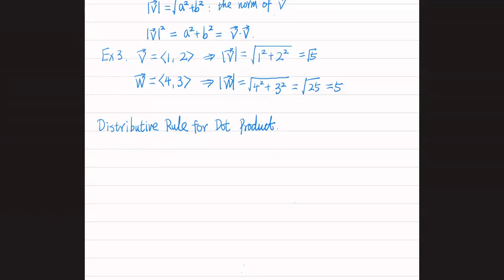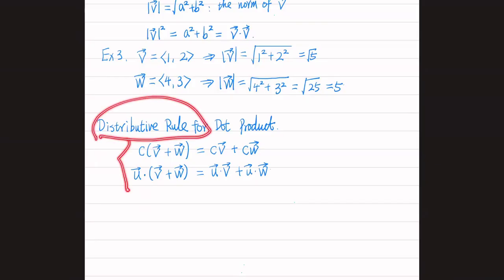One is about the scalar product: we distribute the scalar to both V and W. And we have one for the dot product: again, we distribute U to both V and W. Both of these follow the same rule as for numbers, and you can verify this using the coordinates. I will let you check this after class.